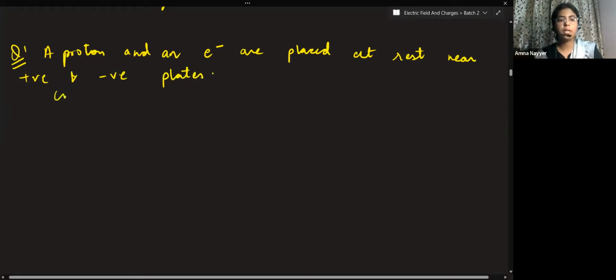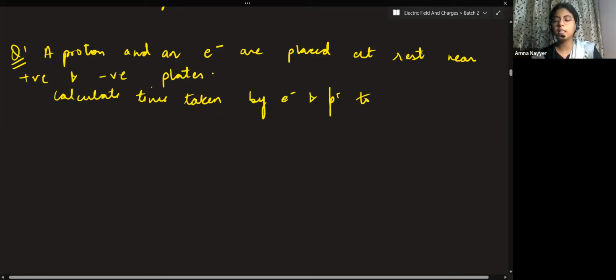You have to calculate the time taken by the electron and proton to reach the other end.